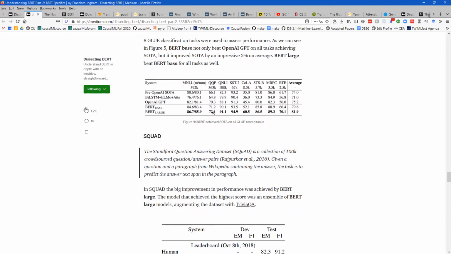Yeah, so OpenAI got 70.3 and BERT base got 71.2. And before OpenAI, it was 66.1, so there was a huge improvement from OpenAI, and then a small improvement over OpenAI by BERT.